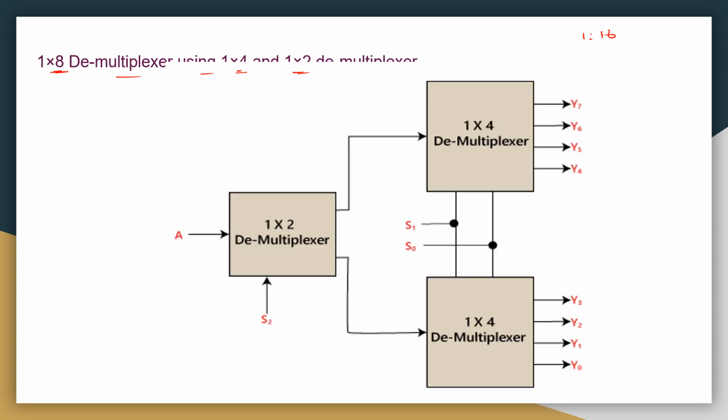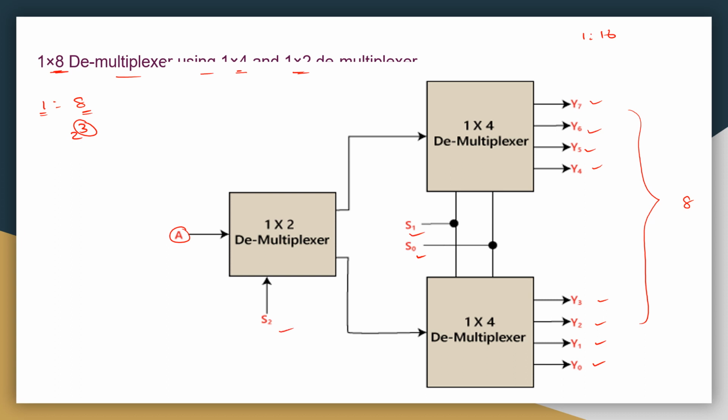So now see. We need 1:8, so that means one input. That input is here. 8 outputs: Y0, Y1, Y2, Y3, Y4, Y5, Y6, Y7. And 8 can be written as 2 power 3, therefore 3 selection lines. Those 3 selection lines are S0, S1, S2.